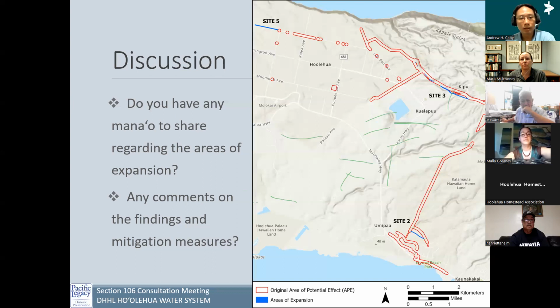So it's definitely something we're always looking for, ways to get water to Hawaiian homelands. So I think this is potentially another opportunity to look at how we can get more water to Hawaiian homelands for our beneficiaries.